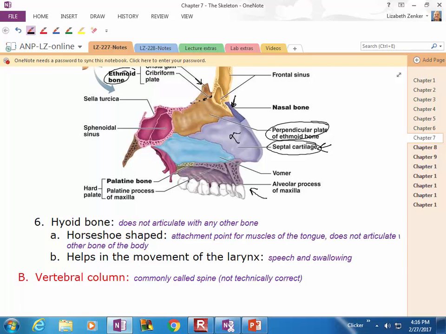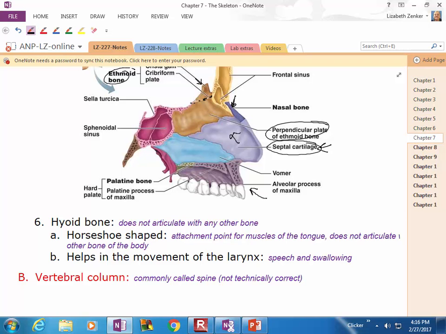We also have a hyoid bone. This does not articulate with any other bone. So if you feel along the sides of your mandible, go towards the back, and then you wiggle side to side, it feels kind of funky. That's wiggling your hyoid bone back and forth, okay? And you just have one of those, okay?